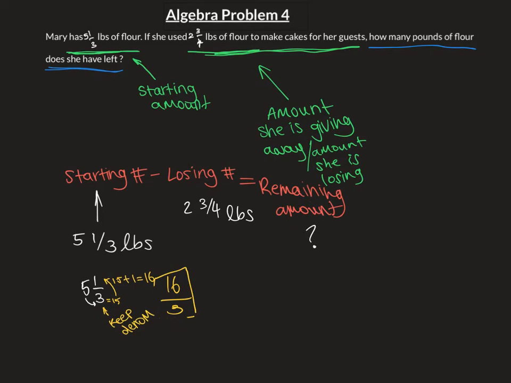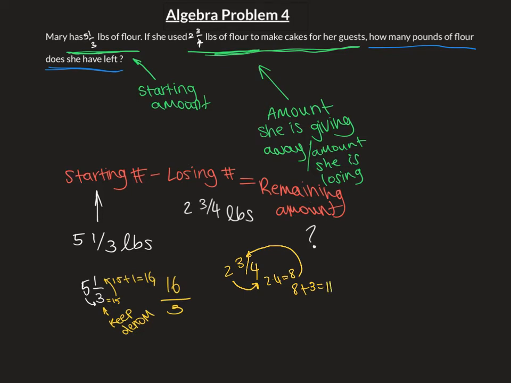Now let's do the same for our losing amount. Our losing amount is 2 3/4. You take the big number and multiply it by the denominator of your fraction. So 2 times 4 is 8, and then you add that number to the numerator of your fraction. So 8 plus 3 equals 11.